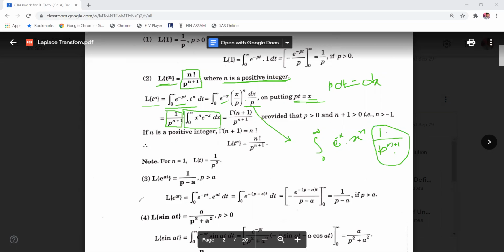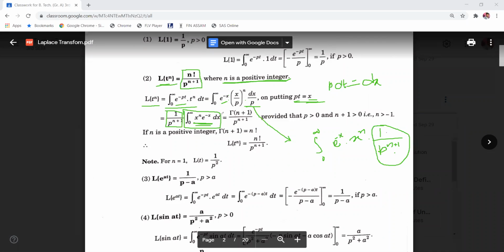Did you understand this part? Now, if you remember, I taught you in the second semester, in the reduction formula, the integration of this part, so you can use it directly.